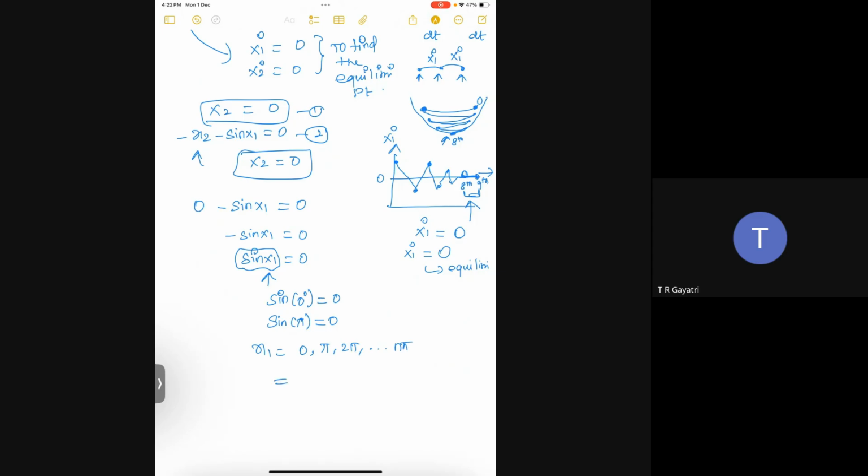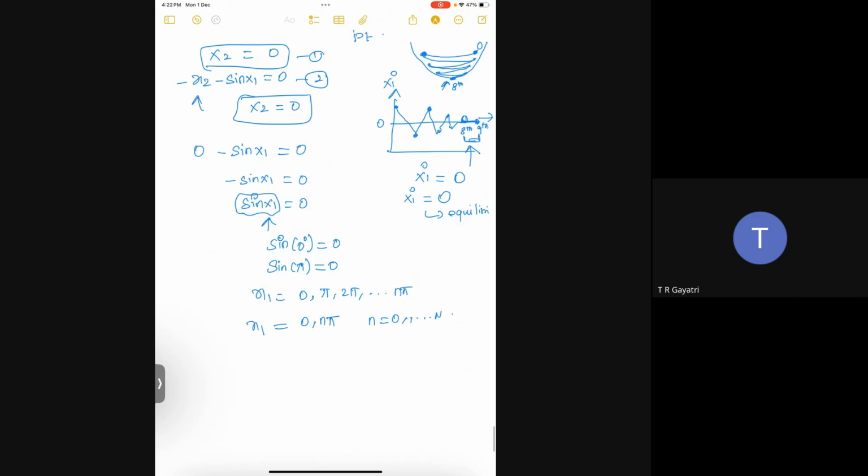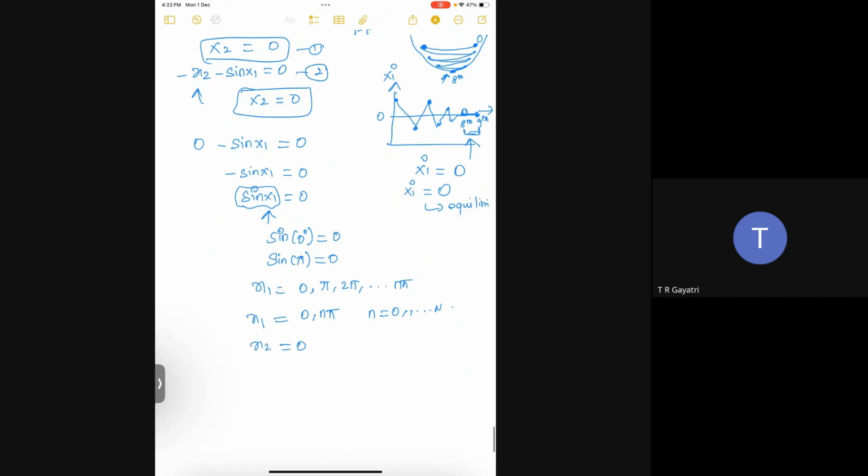So I can write it as n pi, where n goes from 0, 1 up to a natural number n. So this is my equilibrium point. X2 is always 0. There is no further change in x2. Only 0 is its equilibrium point.